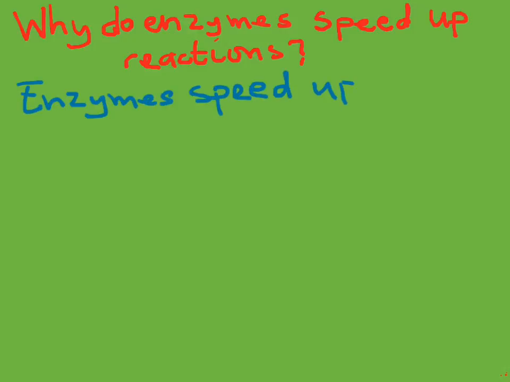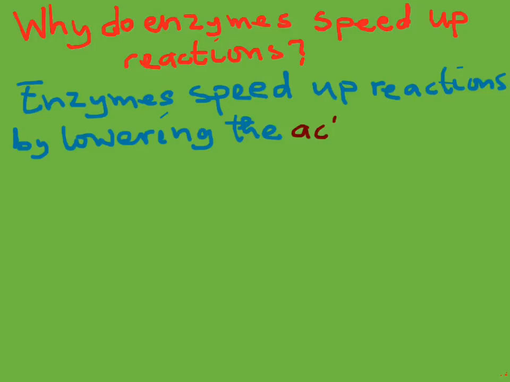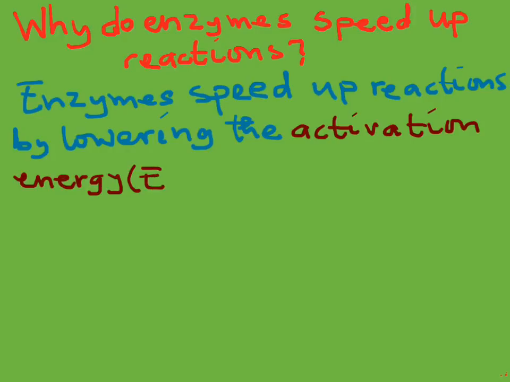Enzymes speed up reactions by lowering the activation energy. Enzymes speed up chemical reactions by lowering the activation energy of the reactions they catalyze. Now, how do they lower this activation energy?